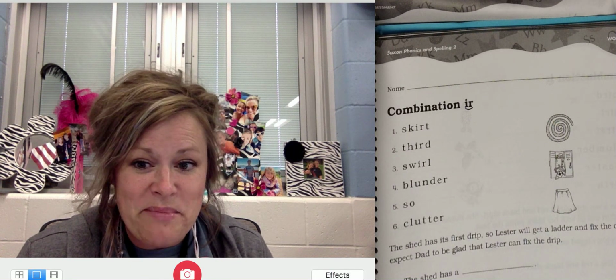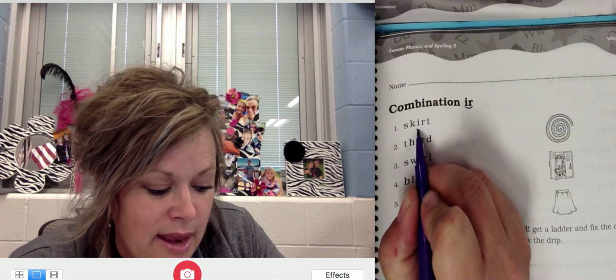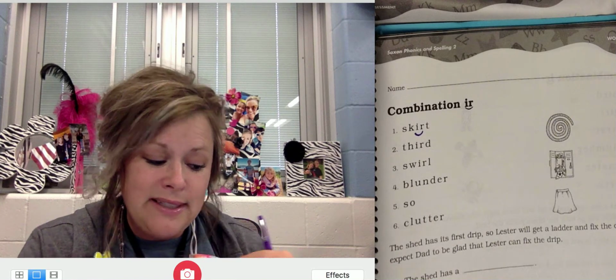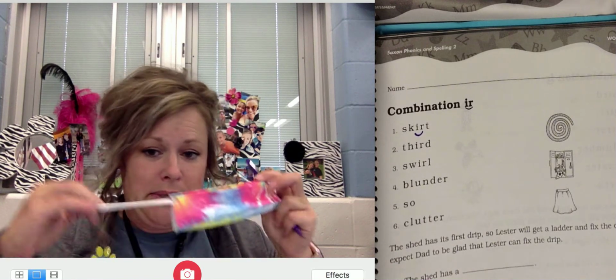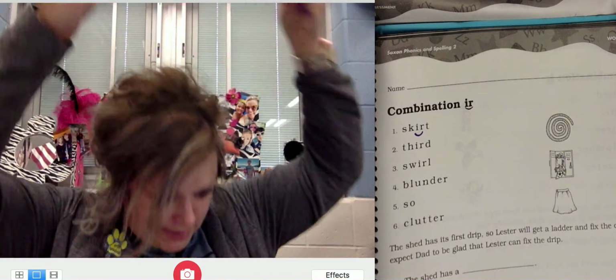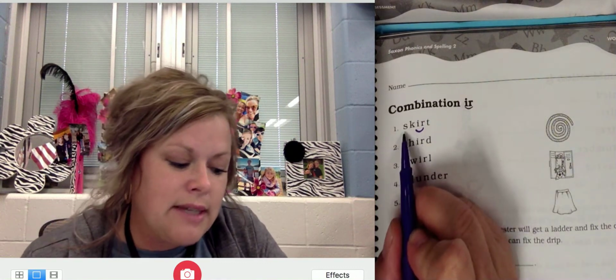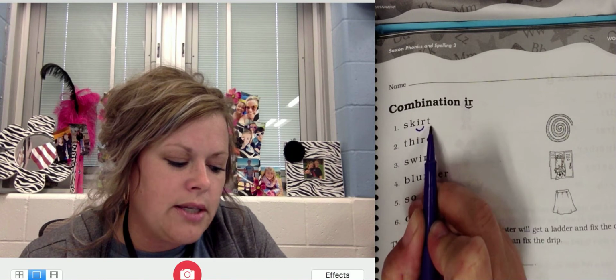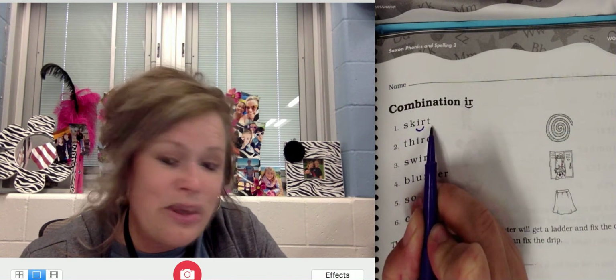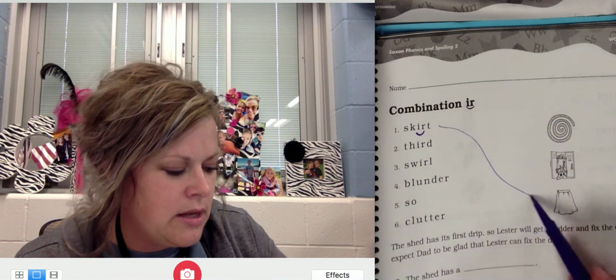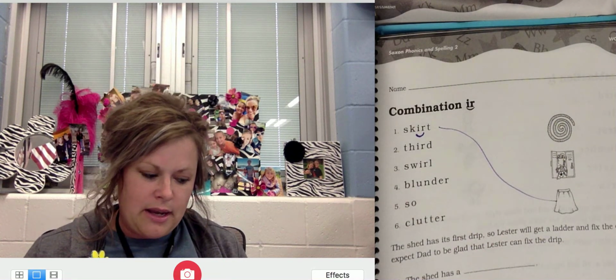So I see combination IR, and I'm going to sneak that in here right now. And then I don't really see anything else that I need to code today. I'm going to take my mask off. It kind of looks like I got a bib on today. All right, so I'm going to blend these sounds together now. Sk, skirt, skirt. The word is skirt, and I see a picture of a skirt. So I'm going to make that connection there.